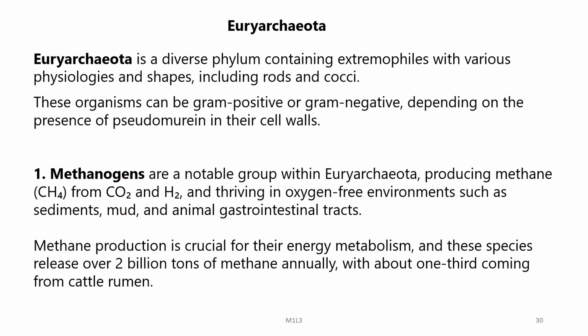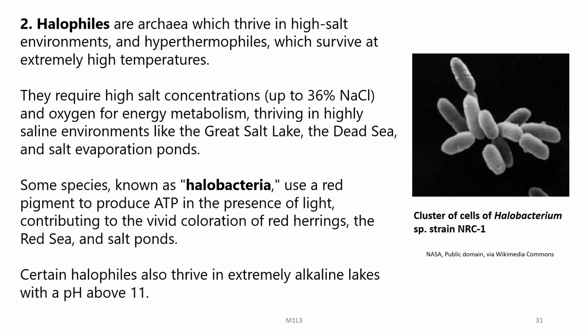Methane production is crucial for their energy metabolism, and these species release over 2 million tons of methane annually, with about one third coming from cattle rumen. For this reason, these species are also considered very important from the climate change point of view. Next come the halophiles.